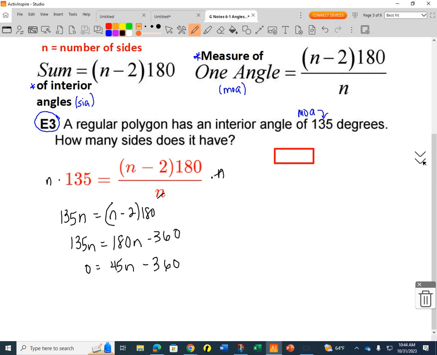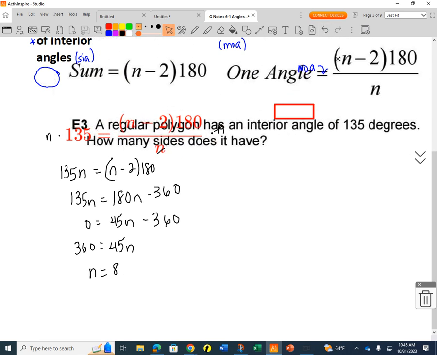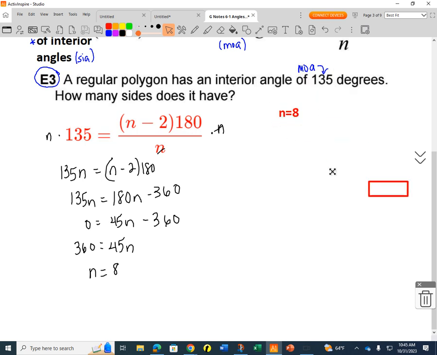I need to isolate my n, so I'm going to add 360 to both sides. Now last step to isolate n, divide both sides by 45, and n equals 8. So there are 8 sides. N equals 8, and you need to know that n represents the number of sides.